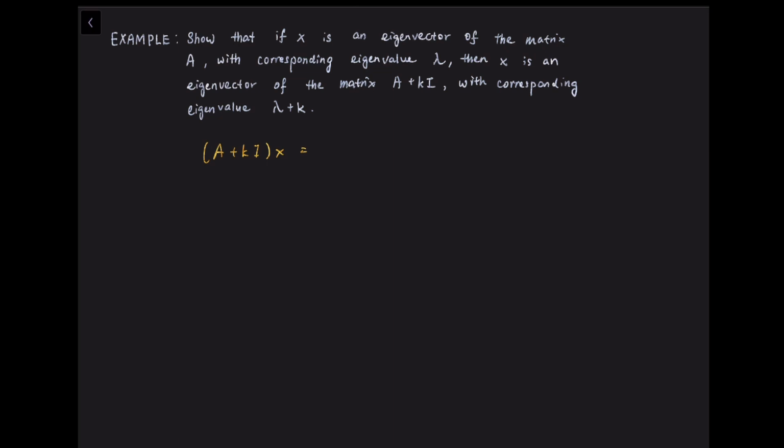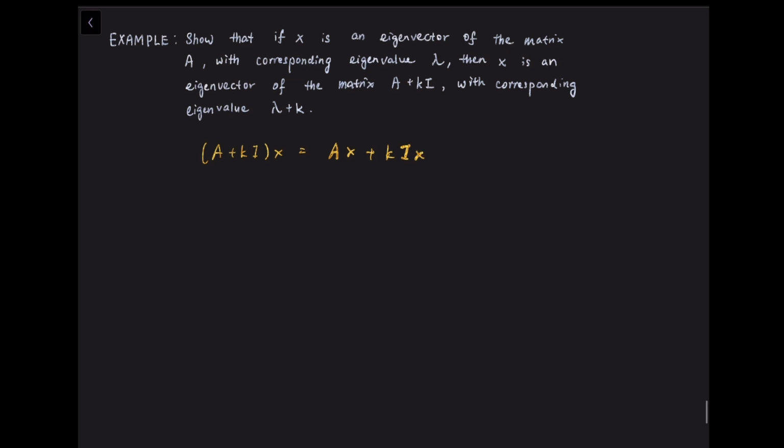So we have the matrix A plus kI times x equals Ax plus kIx, and Ax equals lambda x, since x is an eigenvector of A with corresponding eigenvalue lambda, and this equals lambda plus k times x.